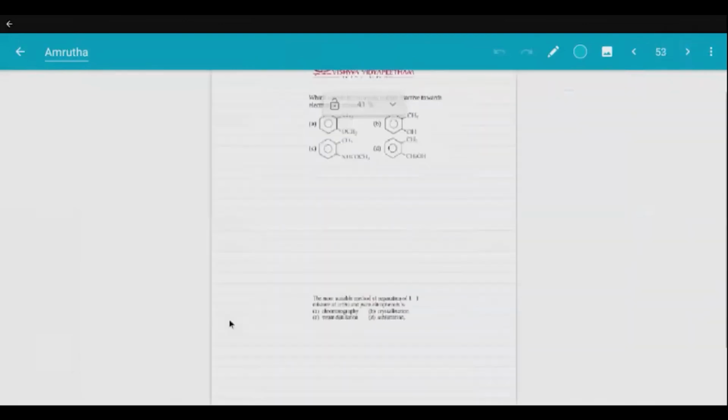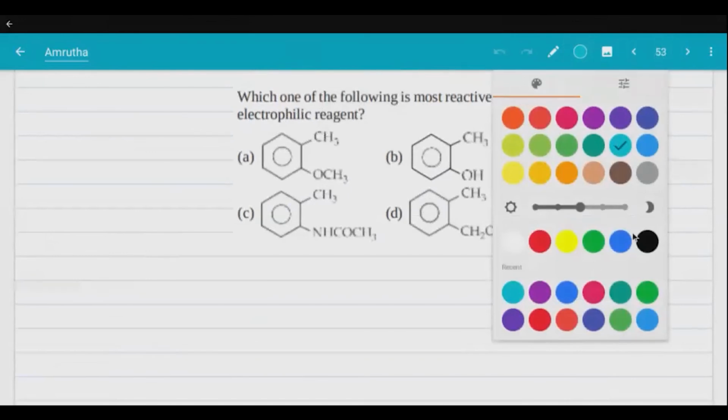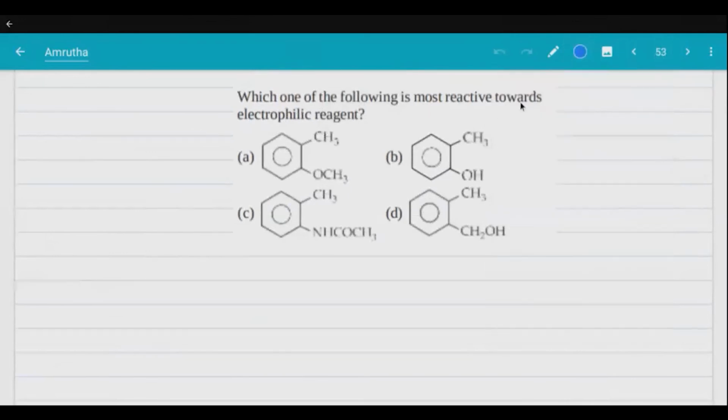So next question. Which one of the following is most reactive towards an electrophilic reagent? So what does that mean? You have to choose the option which is more nucleophilic.